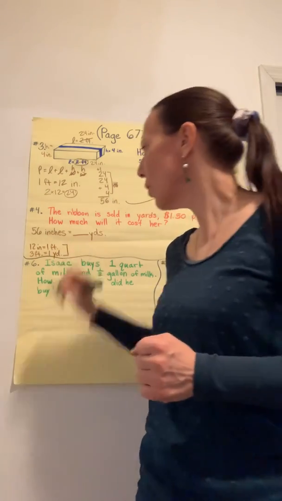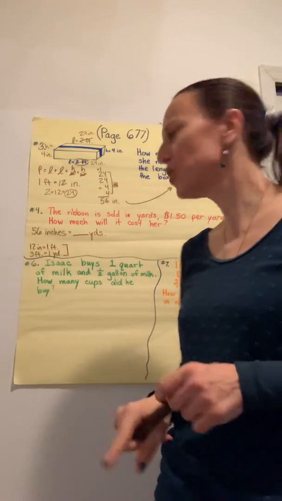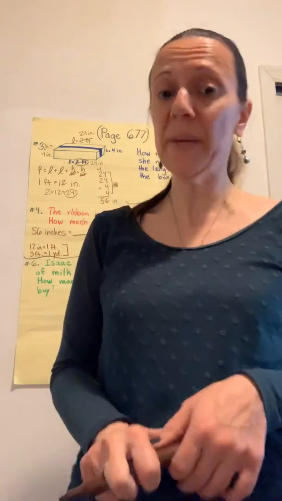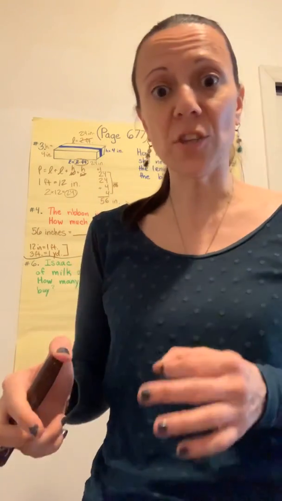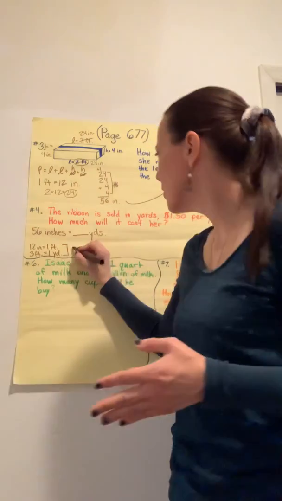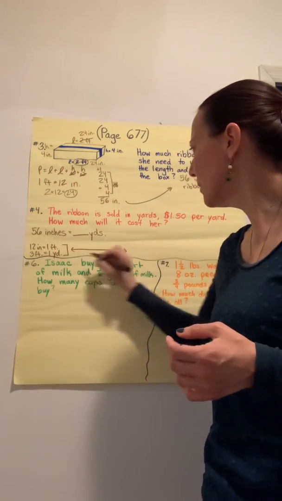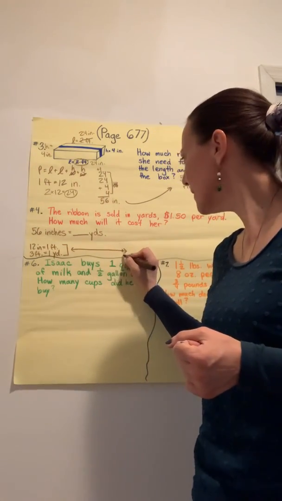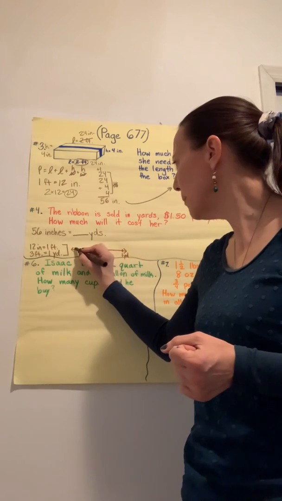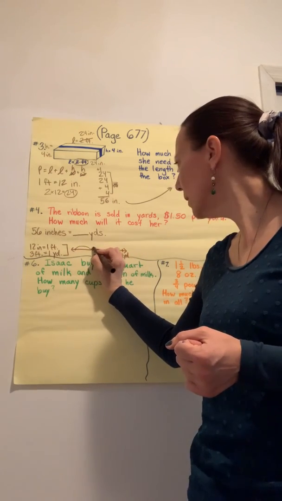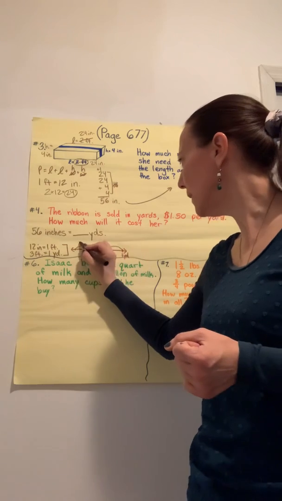So if I can put those two pieces of information together, I should be able to figure out how many inches are in a yard. So if I just draw a quick little double number line here, this is 1 yard. That's the same as being 1, 2, 3 feet.